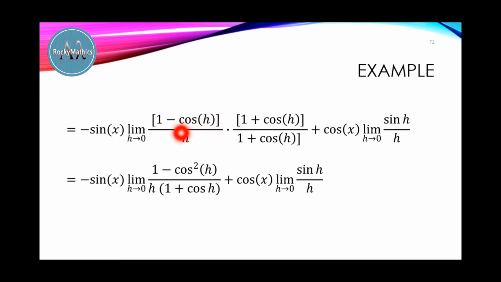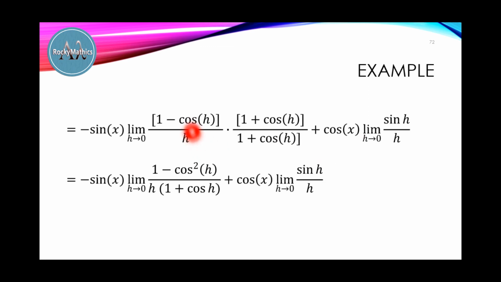Now, why do we do this? We do this because we can use the conjugate of 1 minus cosine h to come up with another equivalent, using another trigonometric identity. Simplifying this by multiplying its conjugate, we have 1 plus cosine h over 1 plus cosine h, times the limit of sine h over h as h approaches 0.